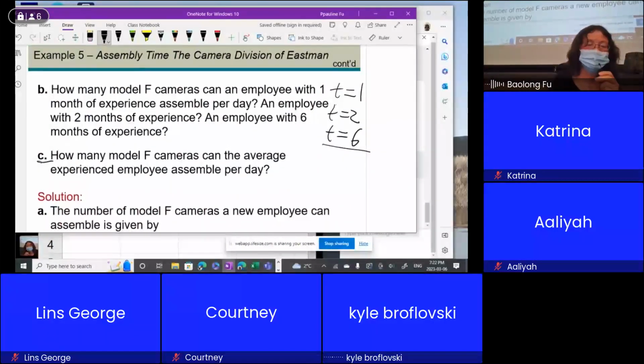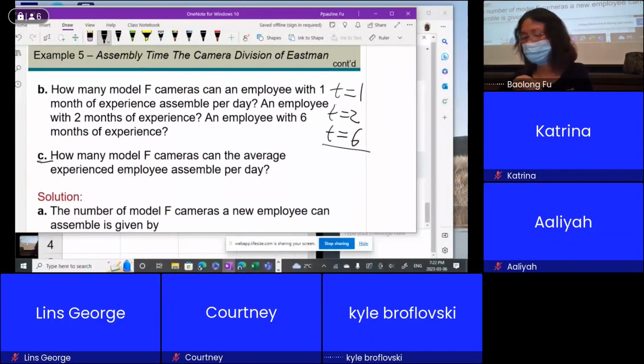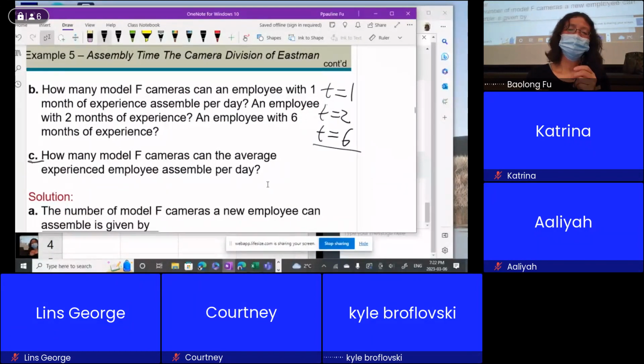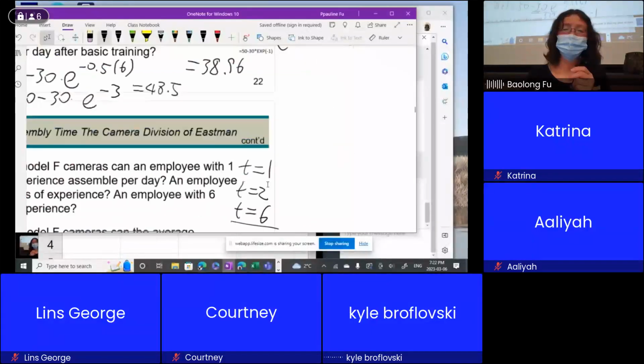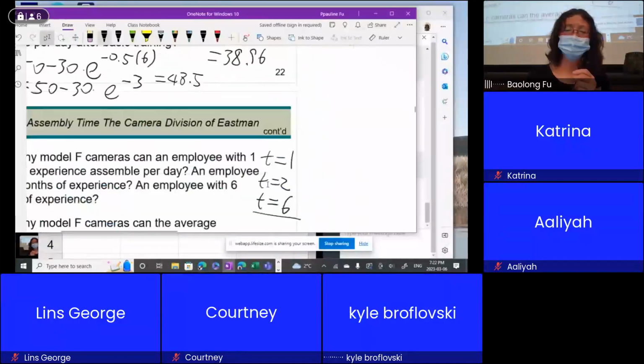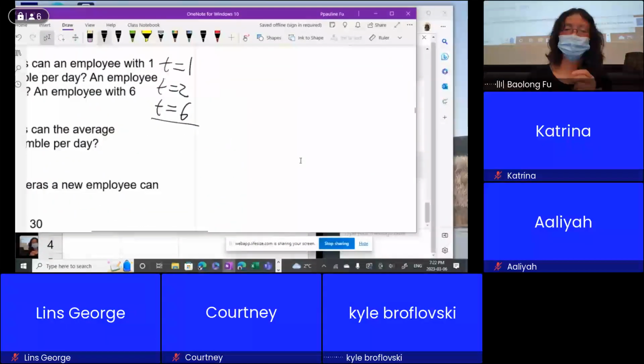Question C. How many cameras can an average experienced employee assemble per day? So remember the graph of the learning curve?